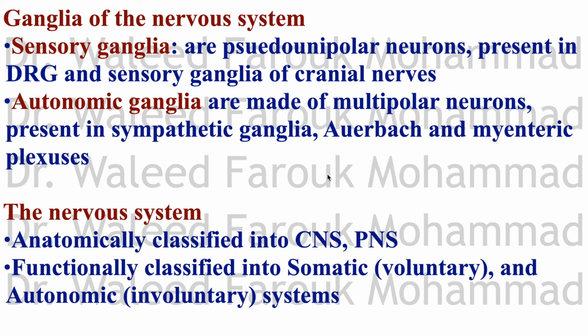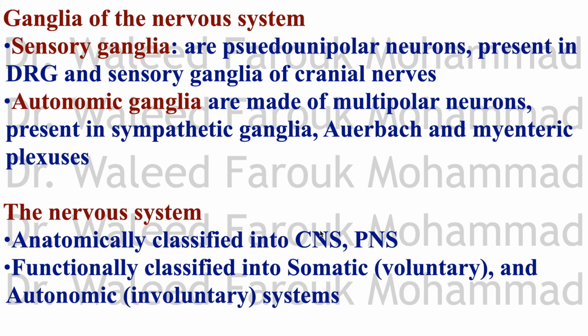And as a general plan, the nervous system is anatomically classified into the central nervous system, inside the bone, meaning inside the skull and the vertebral column, which is the brain and the spinal cord, and the peripheral nervous system, which are the nerves coming out of the central nervous system.